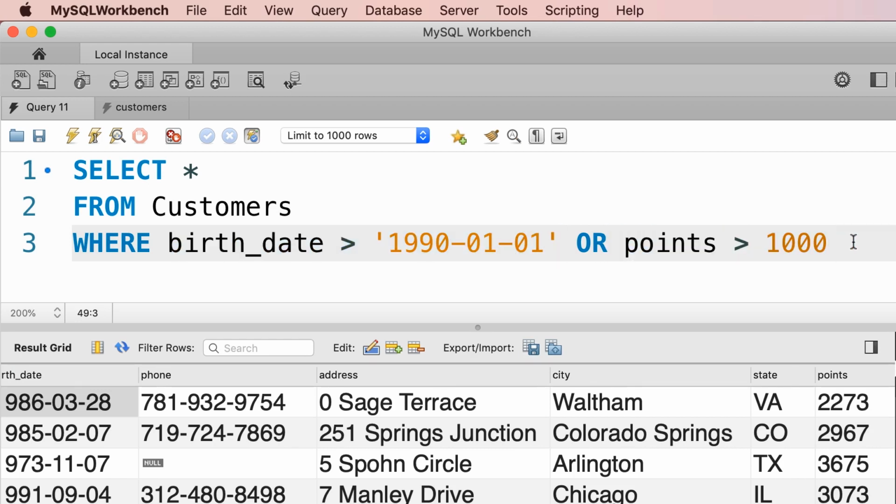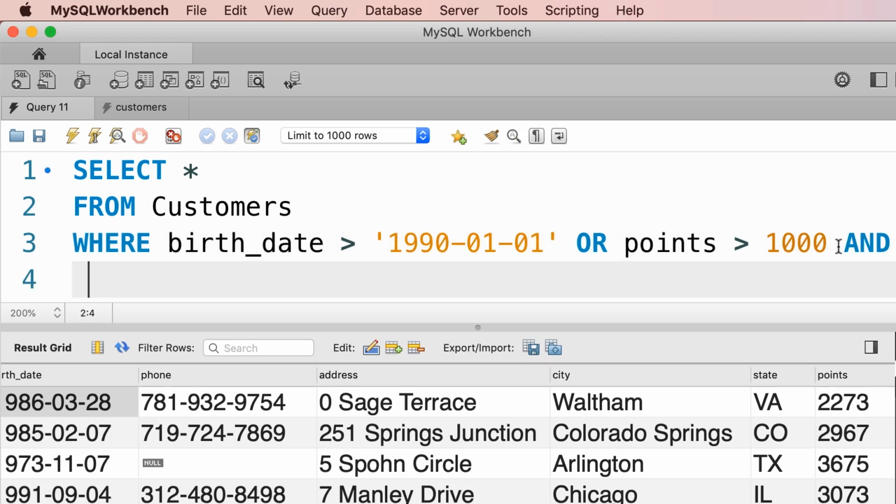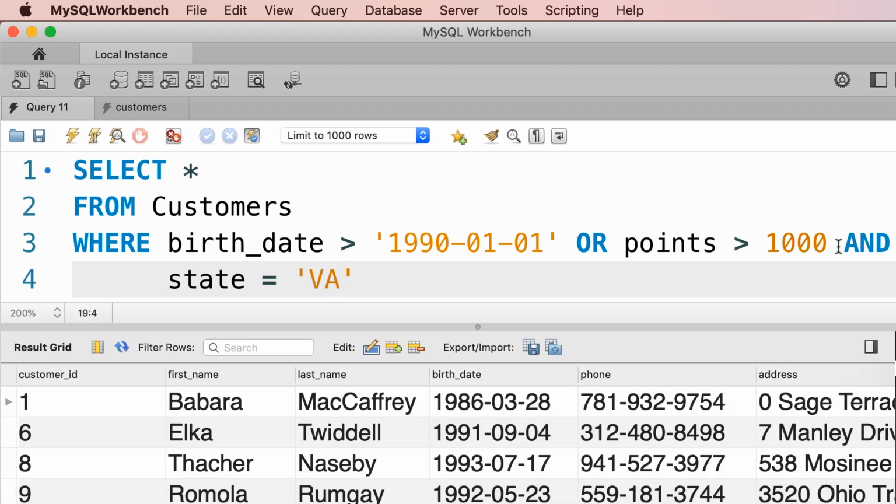Now let's take this to the next level. Let's say we want to get customers who are either born after 1990 or they should have at least 1,000 points and live in Virginia. So this is how we do this. We type out AND, then we add another condition, state equals Virginia. Let's execute this query and see what we get.